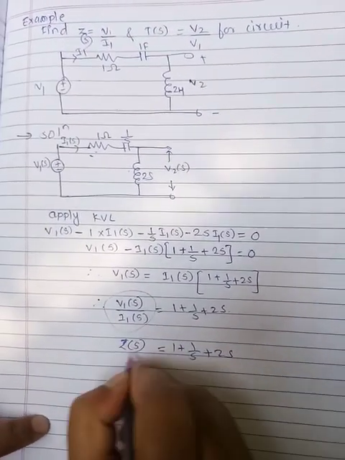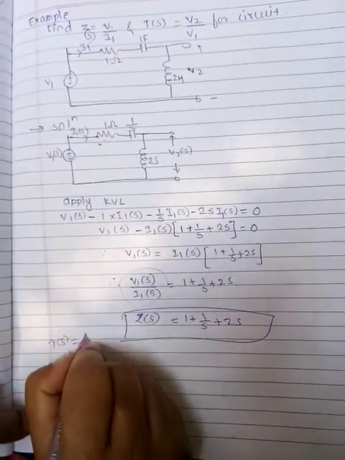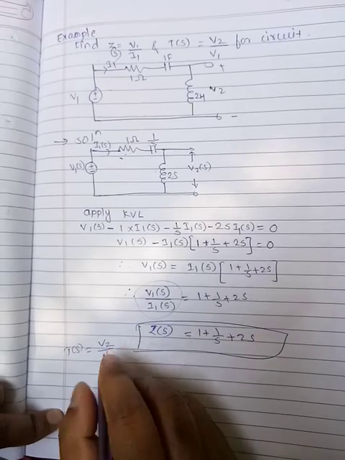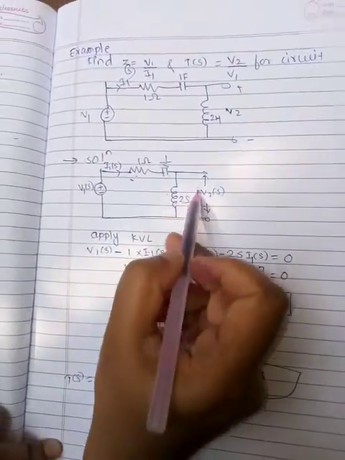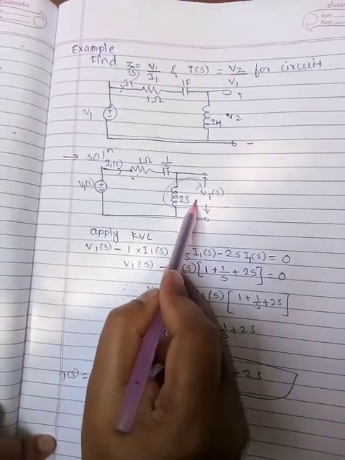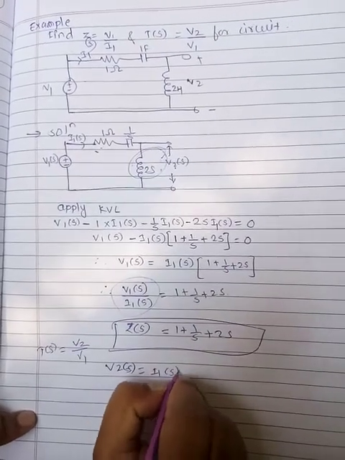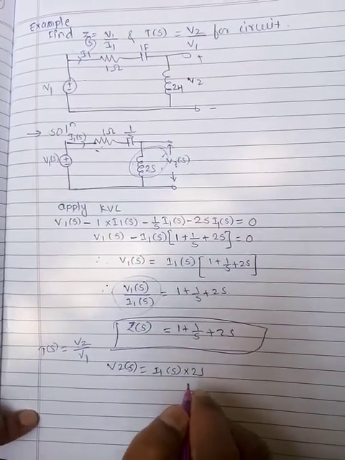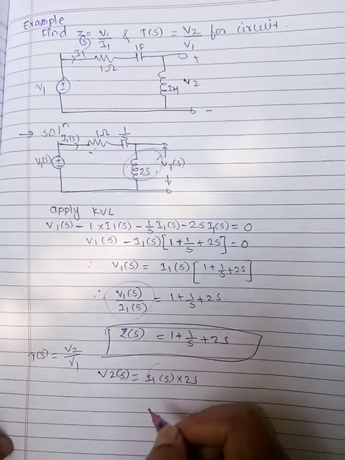Now we have to find the second answer, that is T(s) is equal to V2 upon V1. Okay, see here, what is the value of V2? We can simply write V2 is equal to I1(s) into 2s. But as we know, here the value of I1 is unknown.